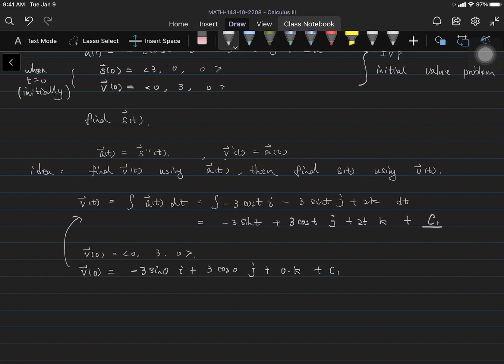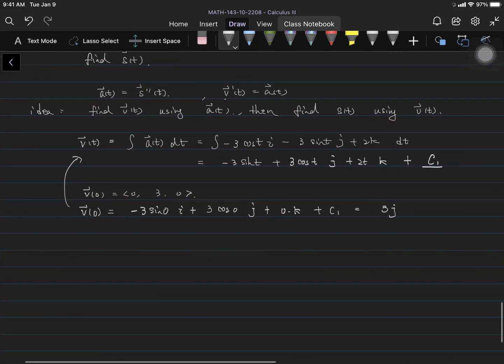And plus C1, which is given by, okay, because the left side I write in ijk form, the right side I always want to write in ijk form. And now let's take a look. This is 0 and 0, and this is just 3j, right? So that means 3j plus C1 equals 3j. That means what? That means C1 equals 0.